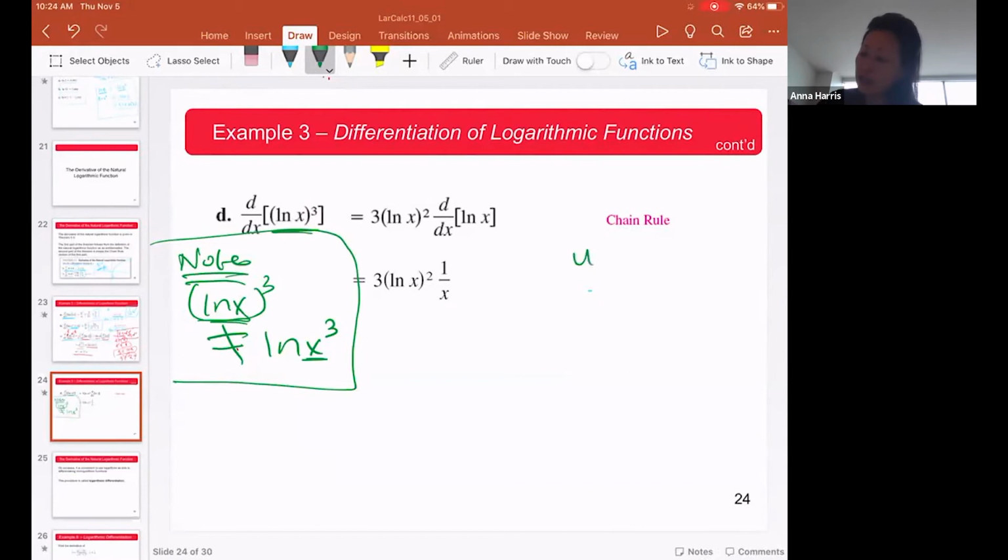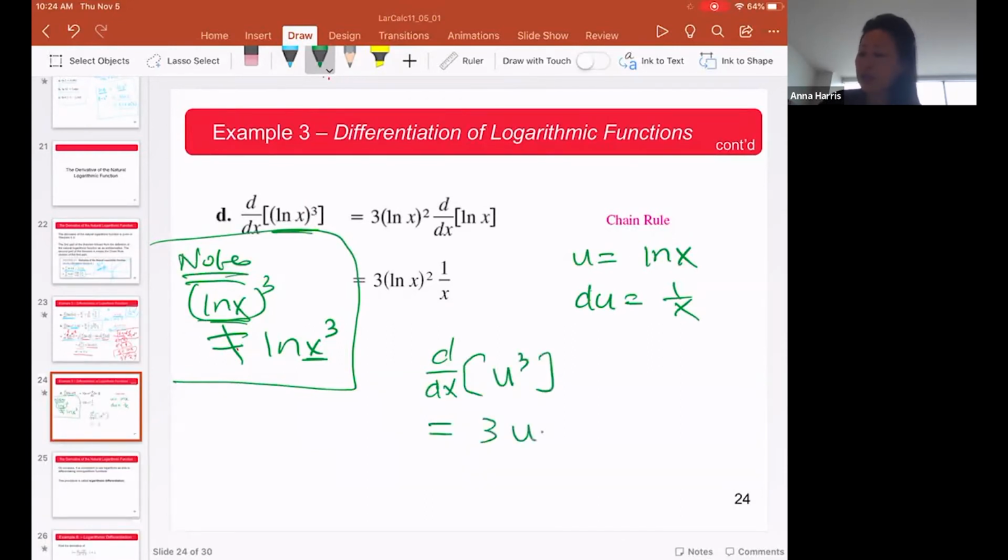Then you've got this, u equal to natural log of x and du equal to 1 over x. All right, so we're going to rewrite it. Derivative, so I'm going to say, okay, that means 3 times my u is this, natural log x to the square, and du is this.